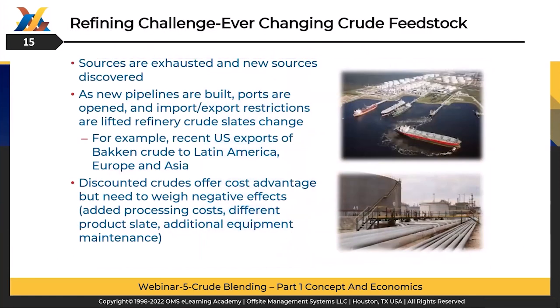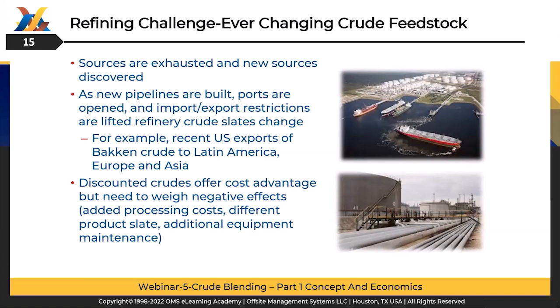So refineries face challenges because of the ever-changing crude feedstocks. But at the same time, the good news is that more and more sources are being found. New pipelines are built, ports are opened, and import or export restrictions are lifted to facilitate the supply of crude to the refineries.